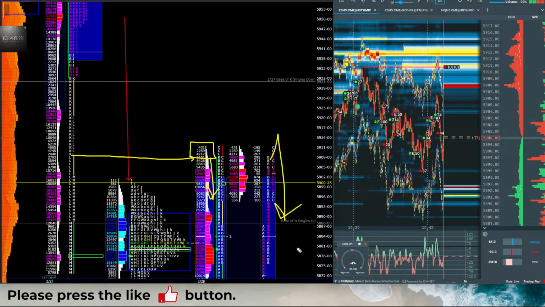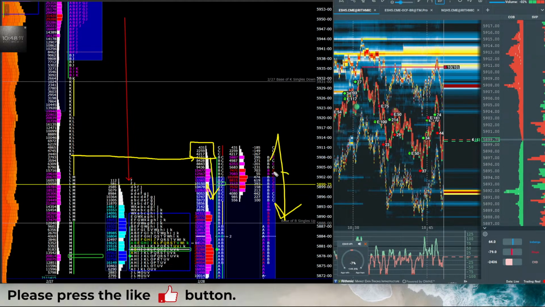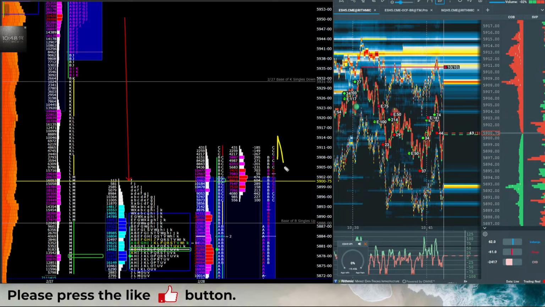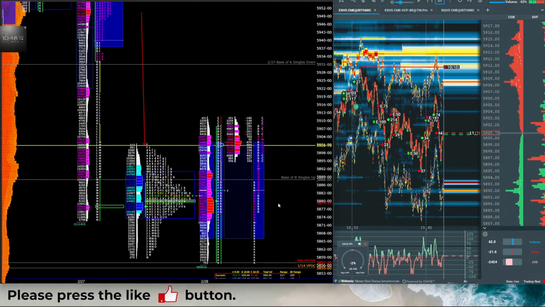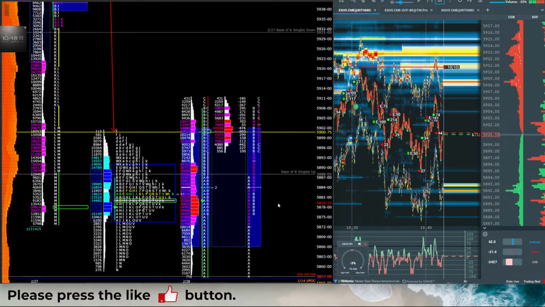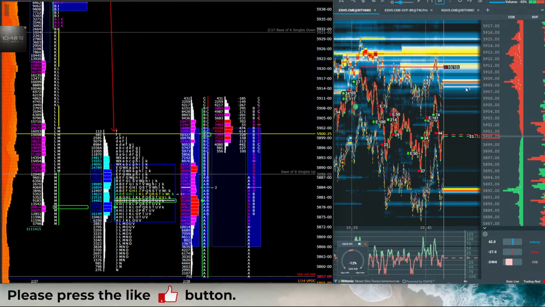That doesn't really mean the market has momentum, because those short-term traders that are longing right now, they're probably not going to long if we get one more poke and come back down through. And that's when they get squeezed. So I am not bullish yet, but I think we're going to go up.